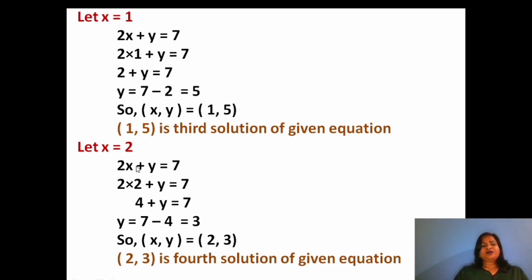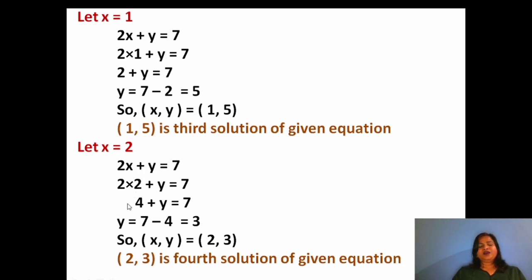Now we will find the fourth solution of the same equation. So let x is equals to 2. This is the equation, 2x plus y is equals to 7. Now we will put the value of x is equals to 2 in this equation. 2 multiply 2 plus y is equals to 7. 2 multiply 2, that means 4 will come.